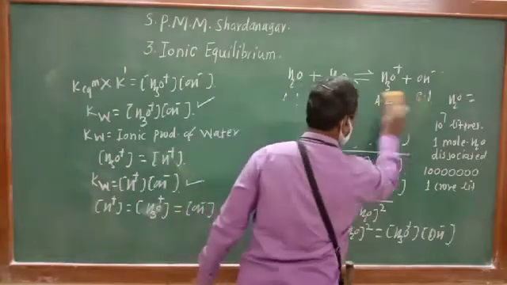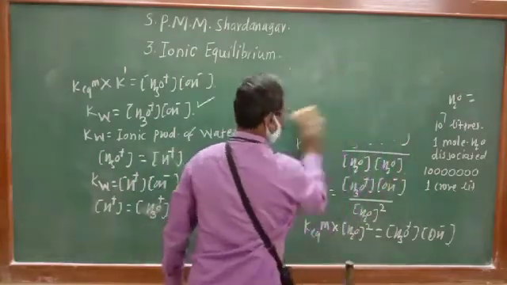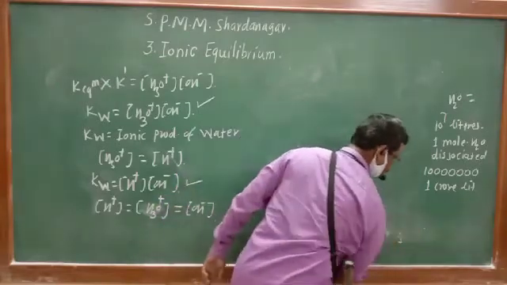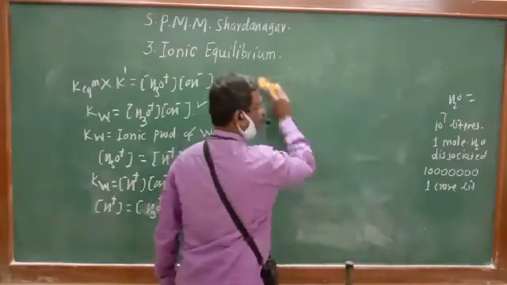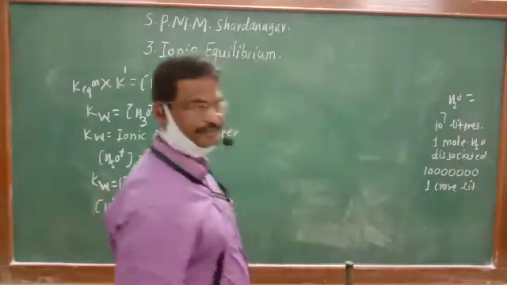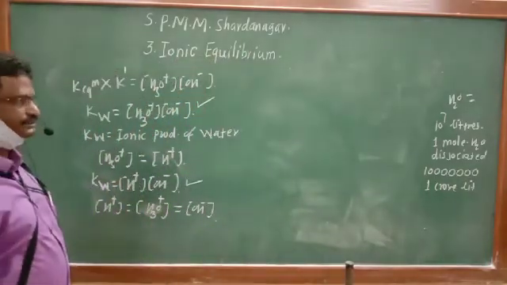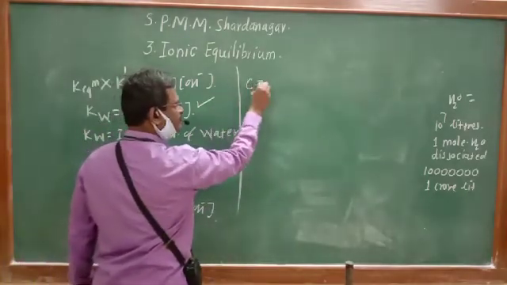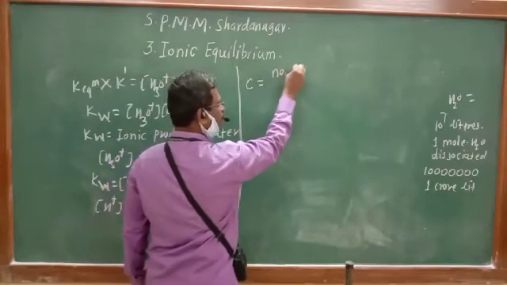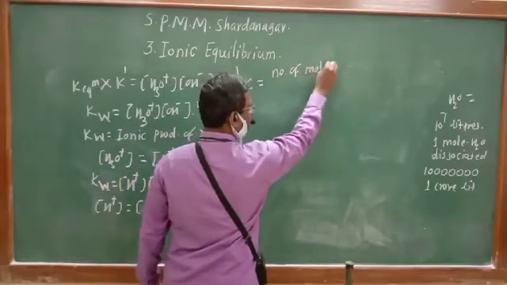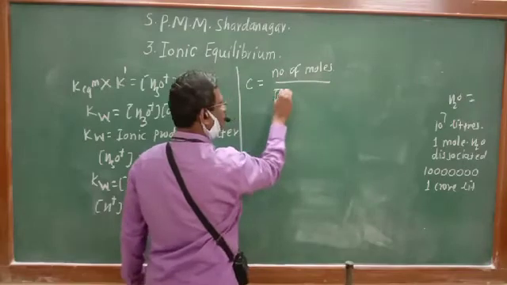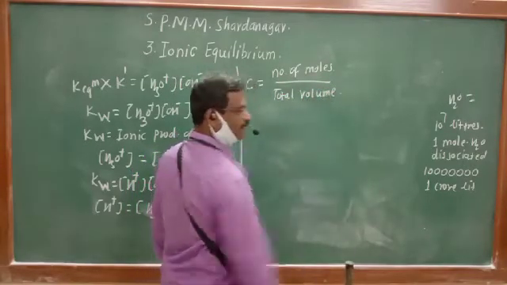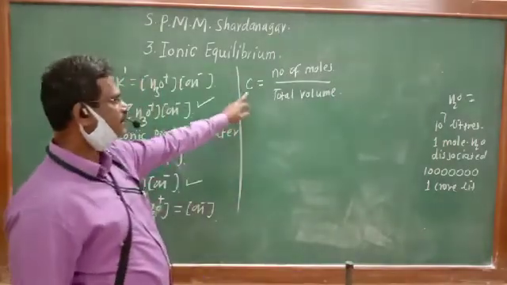We have to find out the concentration of H plus, the concentration of H3O plus, and the concentration of OH minus ion. What is concentration? Concentration is nothing but the number of moles divided by the total volume.